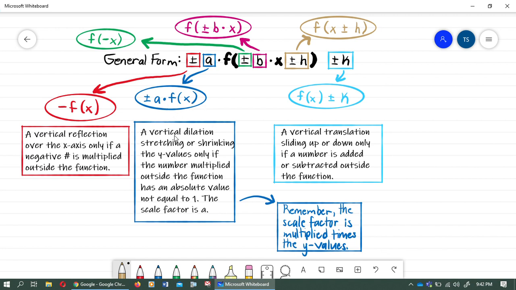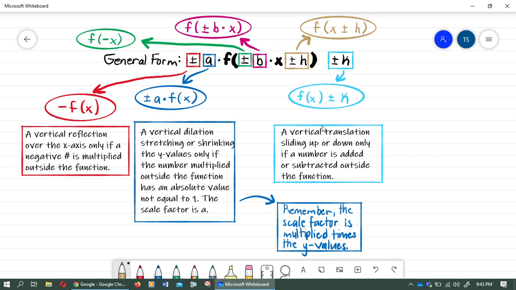Guys, there's only a vertical dilation, which changes the y values, if the number being multiplied on the outside of the function has an absolute value that is not equal to 1. And again, for a vertical dilation, the scale factor is going to be a.